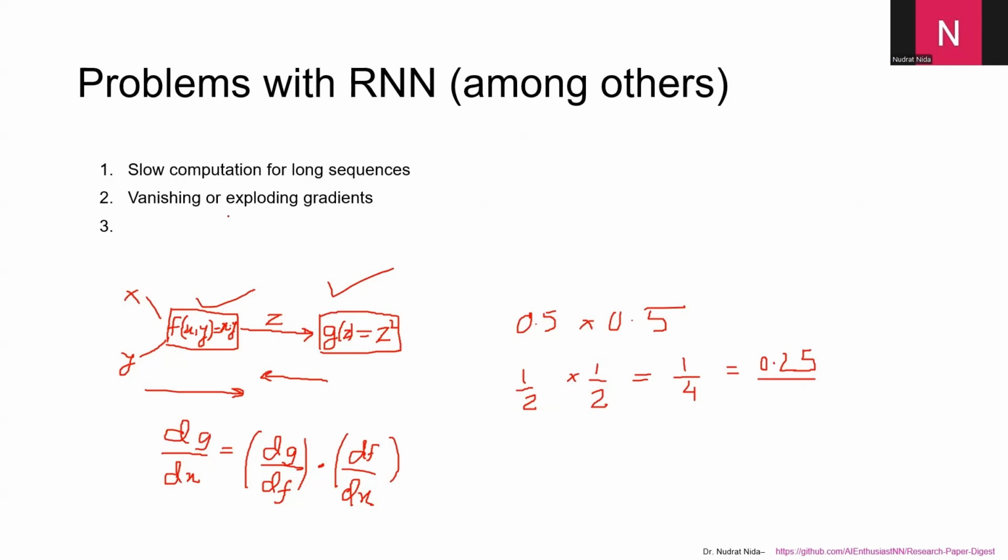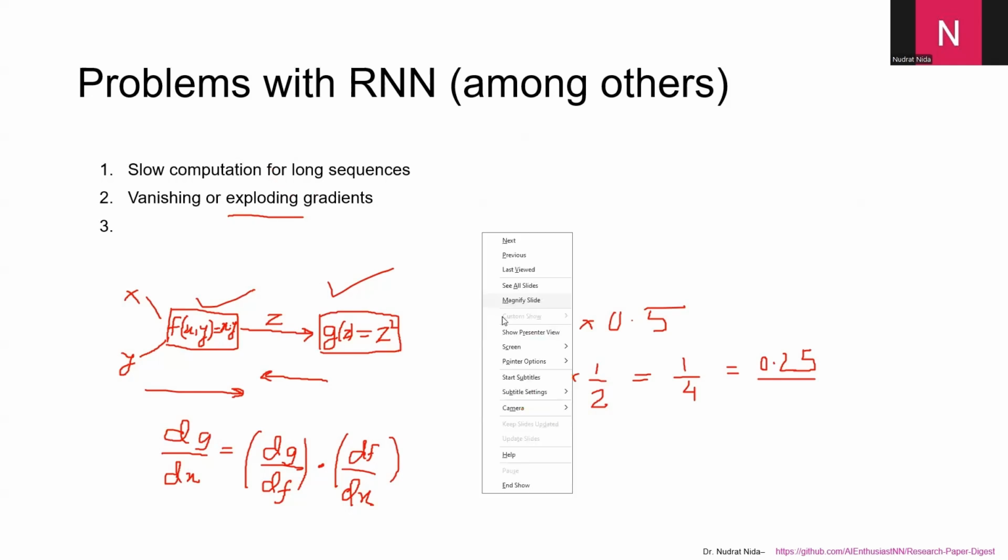And exploding gradient means these values become higher than 1. If the value is large enough, our model cannot obtain its global minima but gets stuck in local minima. So that is how these problems are present in recurrent neural networks.